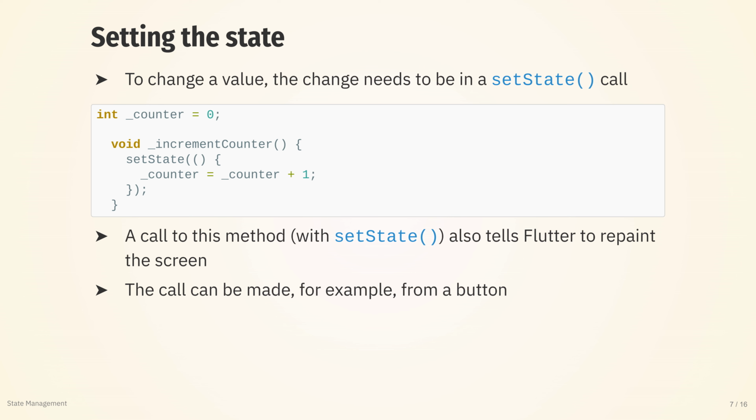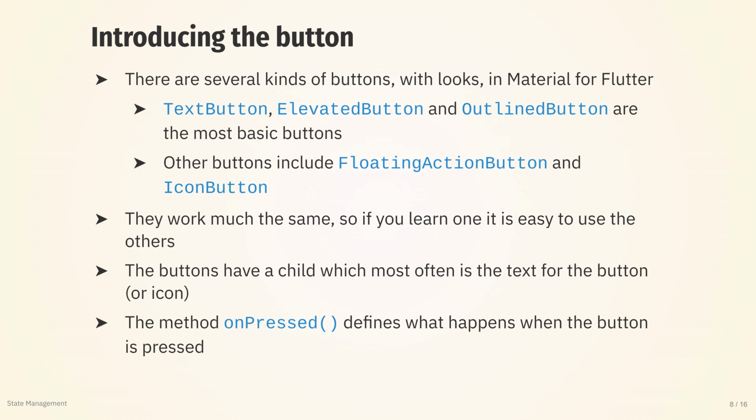We actually need to have this inside of the setState method that we see over here. So it is a call to setState that will repaint the screen. And this can be made, for example, from a button. And I assure you, soon there will be an example, but we need to go through all of this.